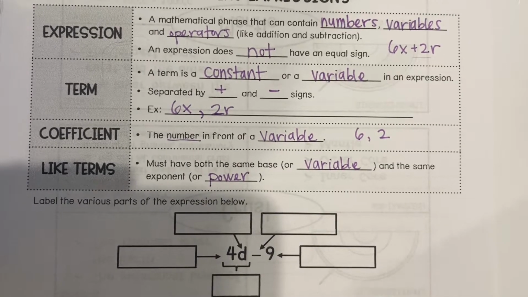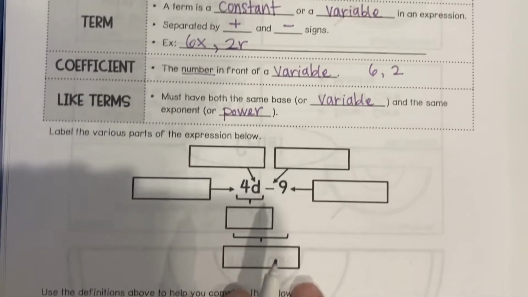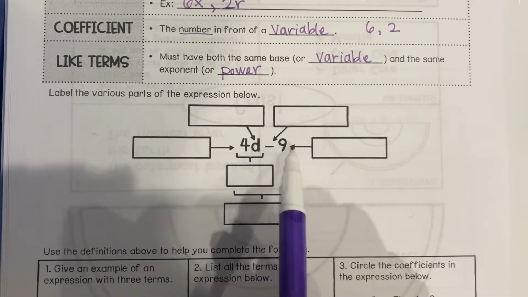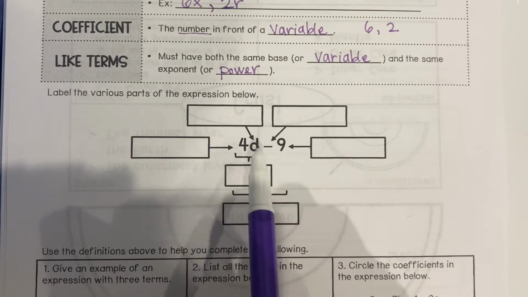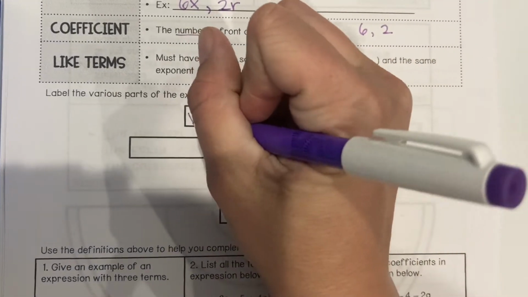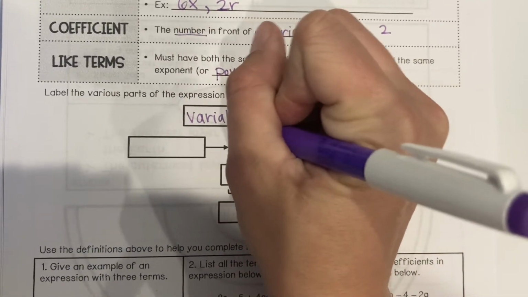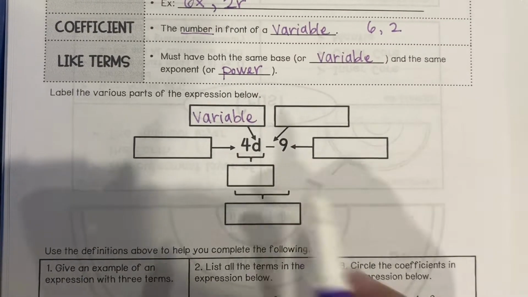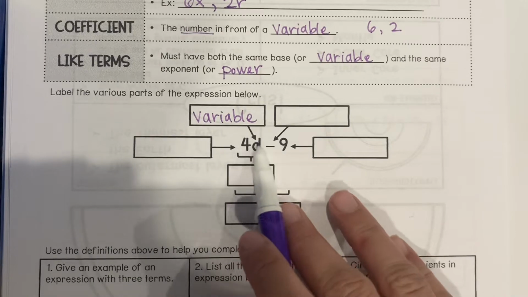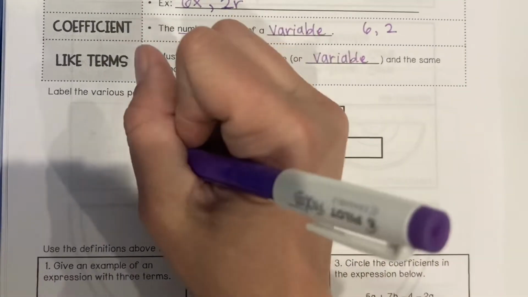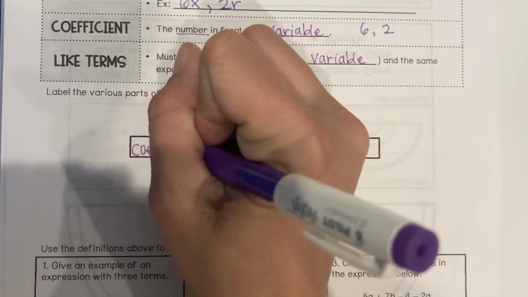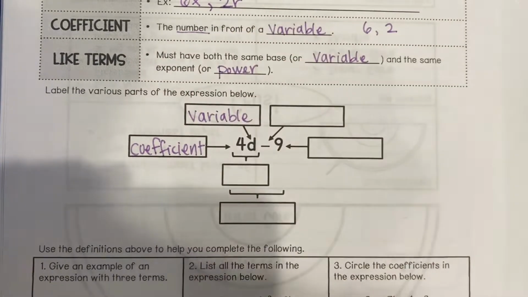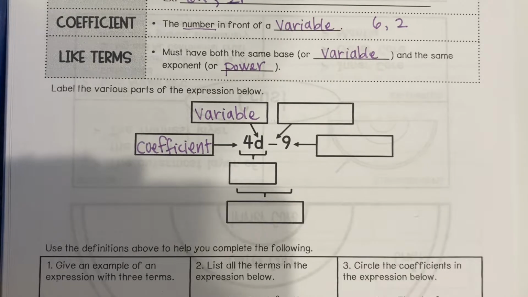All right, let's go ahead and label the different parts of this expression right here. So this expression is 4D take away 9. D is what we would call the variable. That's the easiest part. It's the letter. Okay. 4, the number in front of the variable, is the coefficient. Okay.